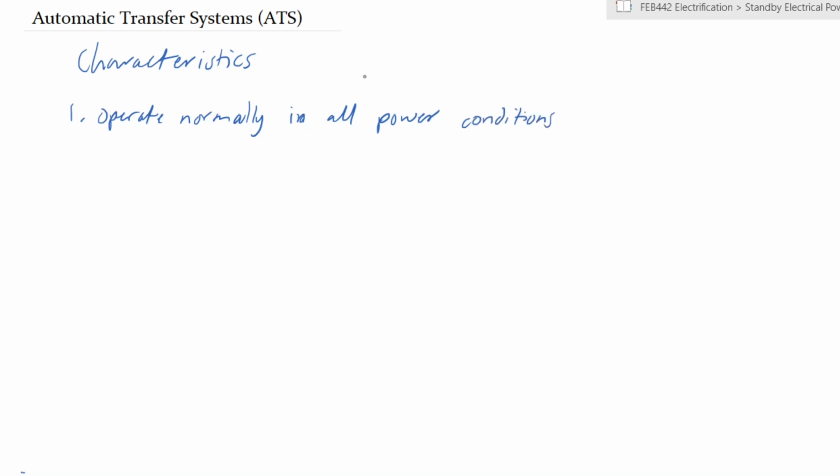So whether it is on prime or on standby, the system must be able to operate. Number two, it must determine the system condition. It must determine system conditions that warrant transfer.